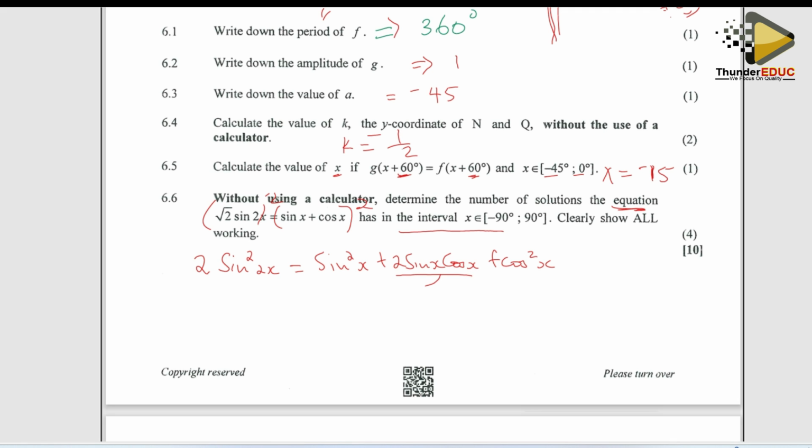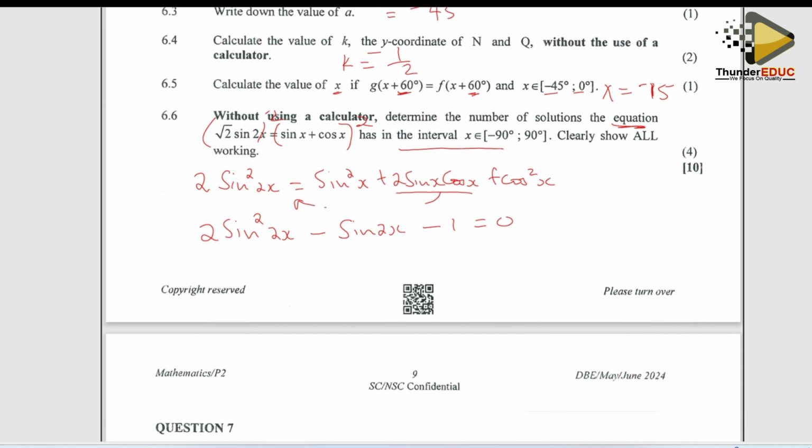Okay, so when I move this to that side, I'm going to have sine 2x, and that's going to be negative sine 2x. This and this gives me 1 minus 1 is equal to 0. So I'm just working out everything in terms of sine 2x. With this, if I open my two brackets, this is 2 sine 2x.